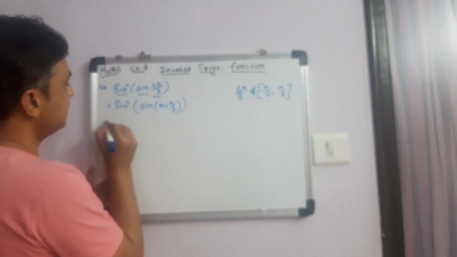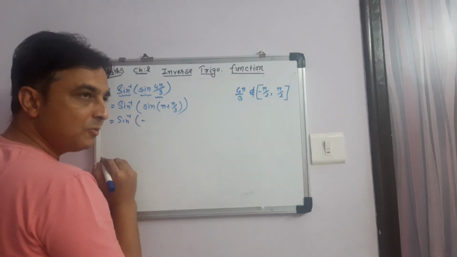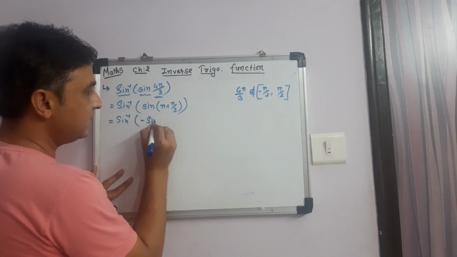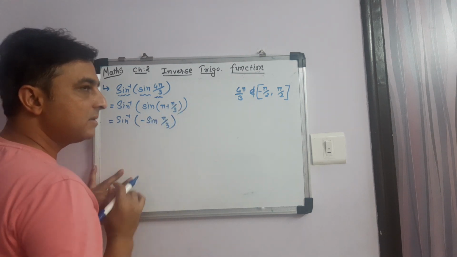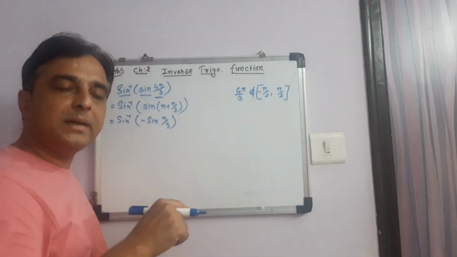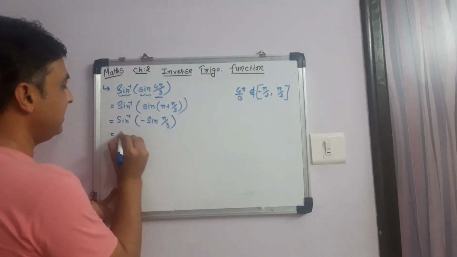So pi plus means third quadrant, and in the third quadrant sine is negative, so it is minus sine pi by 3.